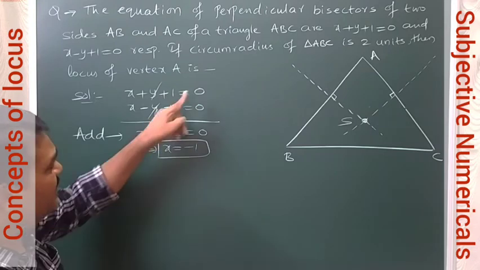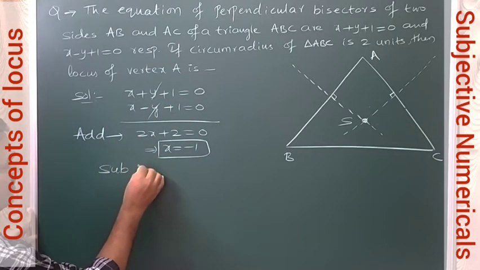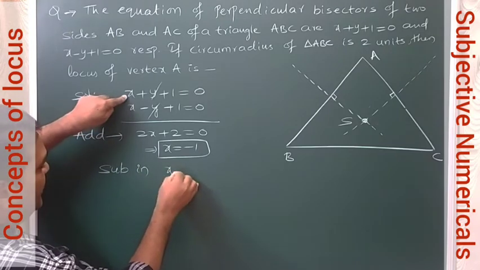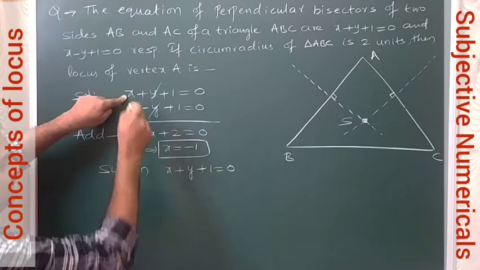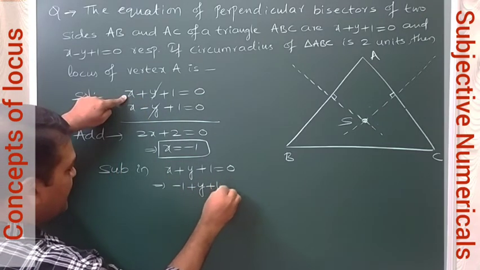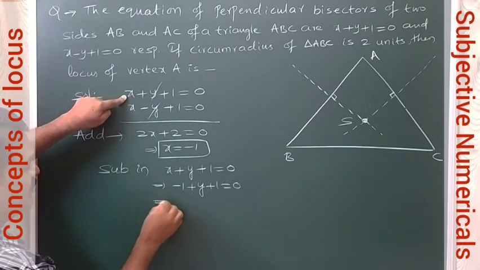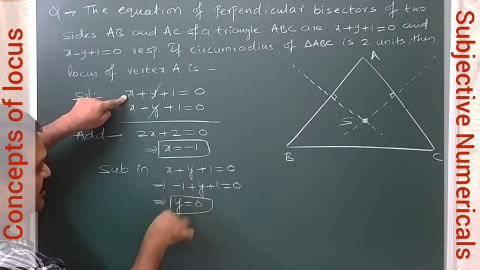Substitute this in either first or second equation. Anything is okay. So let us substitute in x plus y plus 1 is equal to 0. So x is minus 1, plus y plus 1 is equal to 0. So therefore minus 1 plus 1 cancel, y is equal to 0.